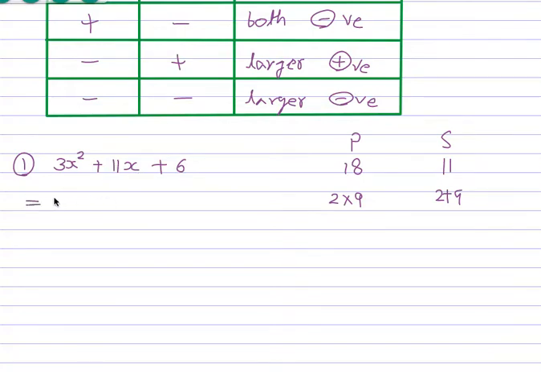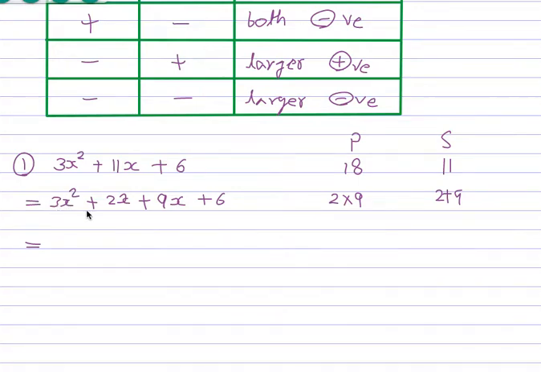Okay. So the first term and last term we can write as it is, just split the middle term. So 11x means 2x plus 9x, or you can write 9x plus 2x, your choice.